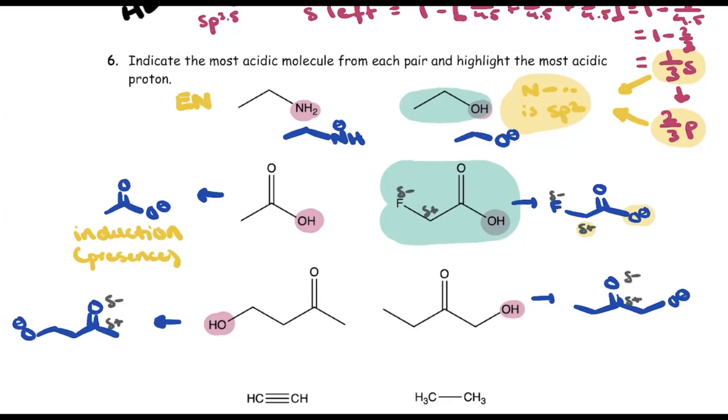And again, that oxyanion is stabilizing the partial positive. However, what we end up seeing is that this partial positive is a lot closer to this negative charge than this one is to this one. And remember, opposites attract. So the one that has the closer inductively withdrawing group is going to be the one that is most acidic. So this is going to be induction by proximity.